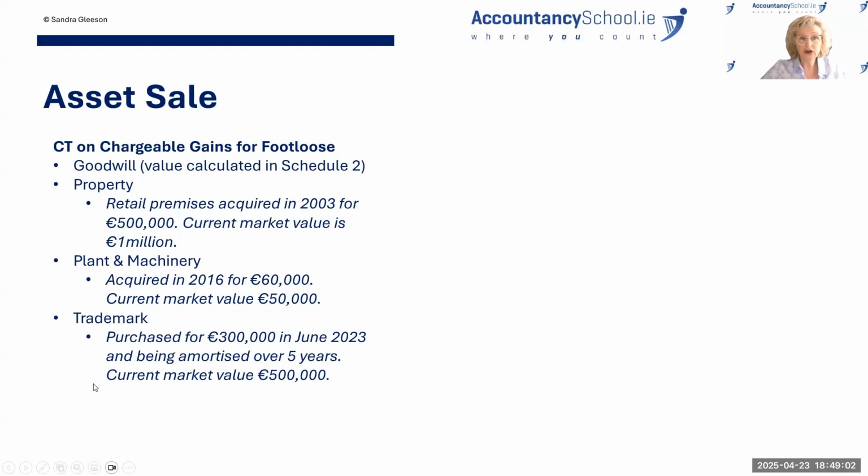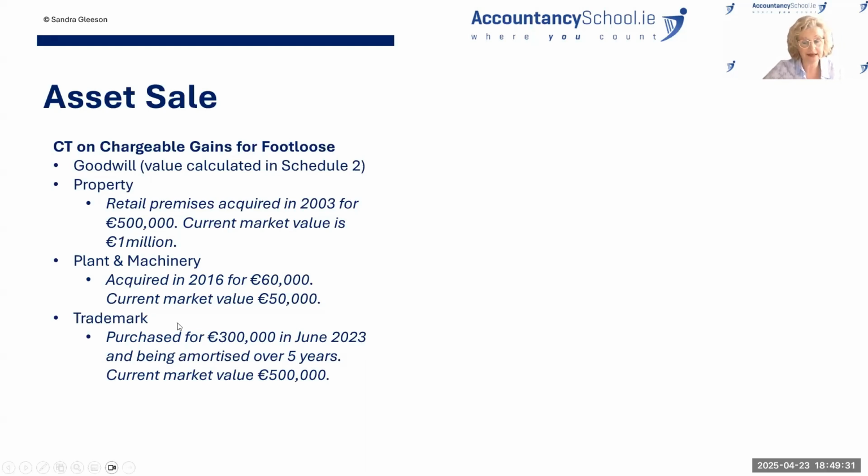Okay, just because a loss would not be allowable does not make the asset outside the scope of capital gains tax or corporation tax on chargeable gains. You've got to be very careful with that. Why did we not take into account the loss on disposal of the plant and machinery? Because the loss on disposal is not allowable when capital allowances have been claimed.